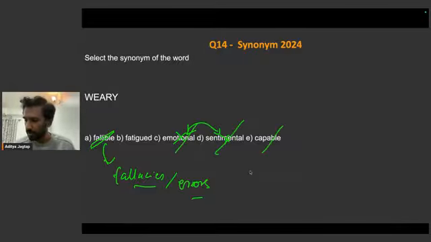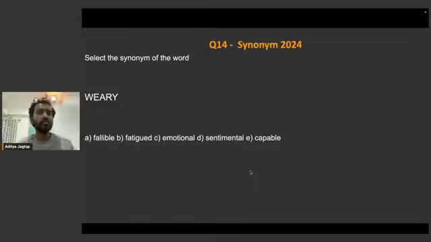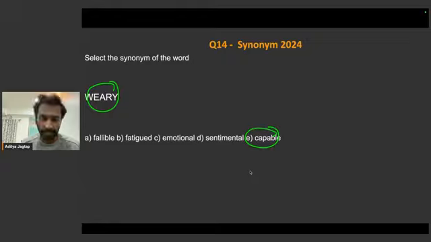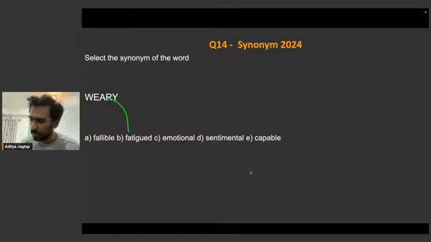Capable is obviously not, it is the opposite. When I say something like obviously not, that's because we know the meaning of capable is opposite to weary, but you may not know it. So again, keep a record. No point thinking about what to do in case I don't know the answer. Right answer would be fatigued.